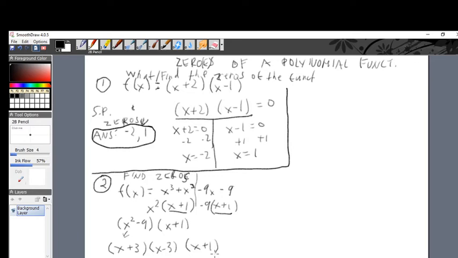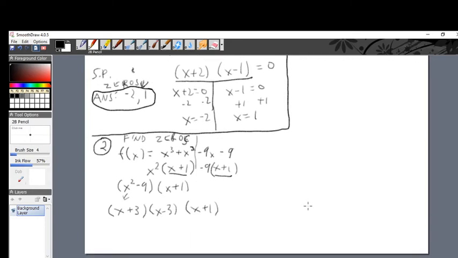Okay, let me get more of this paper. Set the whole thing up equal to 0, either on the right or on the left, but set it up equal to 0. What does that mean? That means x plus 3 is equal to 0. Minus 3 on both sides, and we get x is equal to negative 3.